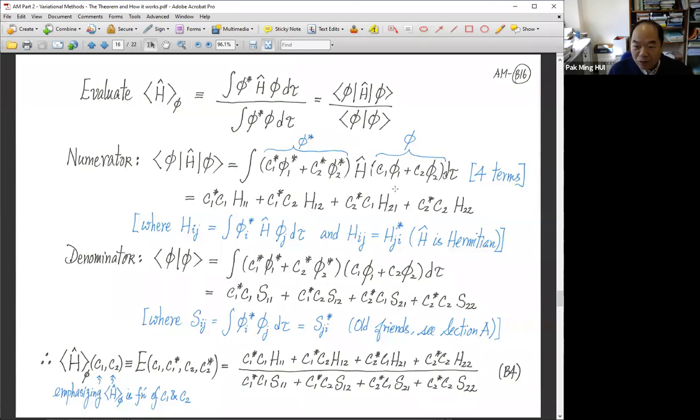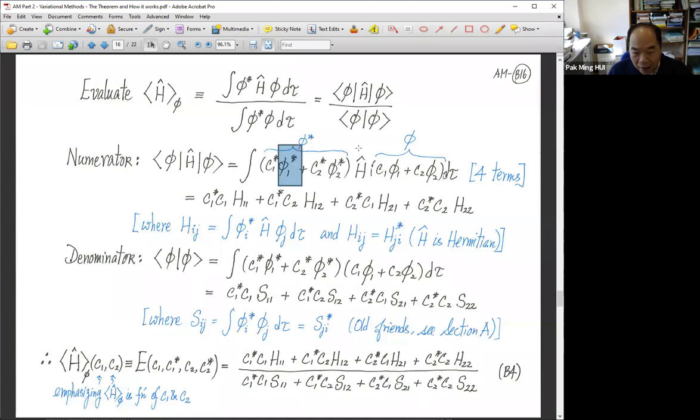There are some friends we met before, last week. First, do you see that there are 4 terms? Right? This integration will be 1 term, etc. Now, there are friends that we met. By that we mean, how about this?